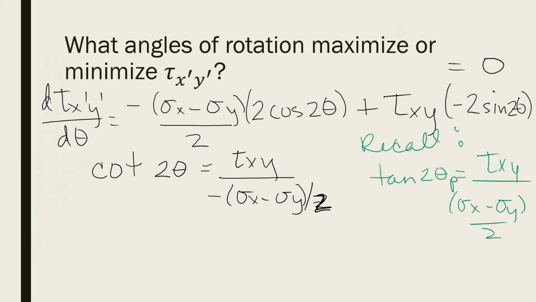So tangent of 2 theta p looks identical to this new cotangent term except negative, right? They're equal and opposite. So I can say that the cotangent of 2 theta is equal to the negative tangent of 2 theta p. And now to make it a little bit less confusing, I'm going to give this one a subscript s, so that way we know which theta is which.